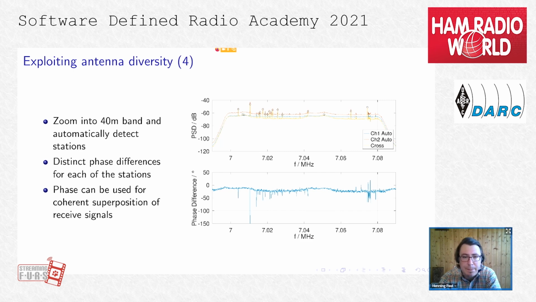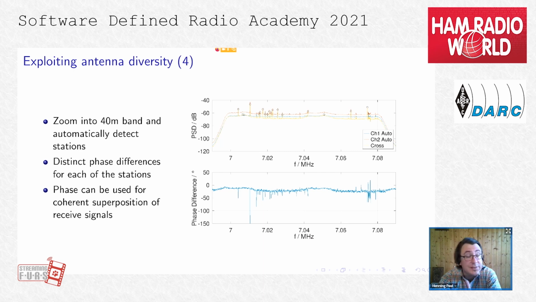And so this gives us a lot of potential for future research, in particular in the shortwave bands, if we can use this information on the phase difference of two identical antennas for scientific purposes or studies of the propagation conditions or the like.